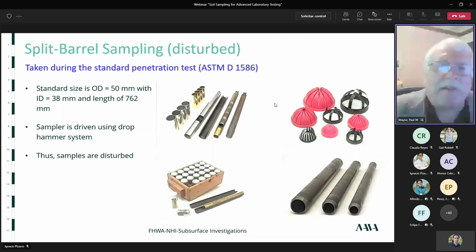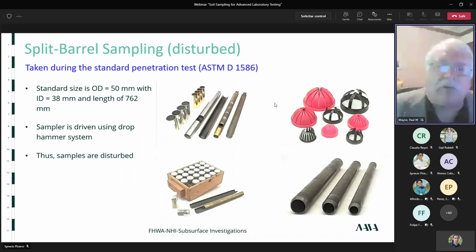As I mentioned, probably the most common sample is the split barrel or split spoon sample. This is taken during the standard penetration test. That's given by ASTM D1586. And essentially, it's a hollow, thick tube that we pound into the ground.